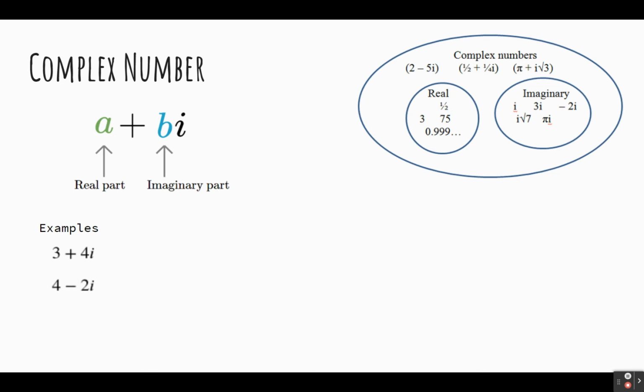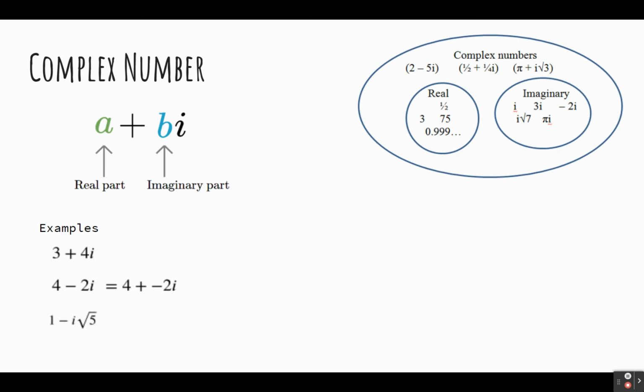We could also do 4 minus 2i. Even though it doesn't have a plus bi term, we really could make it 4 plus a negative 2i, where 4 is the real part and negative 2i is the imaginary.